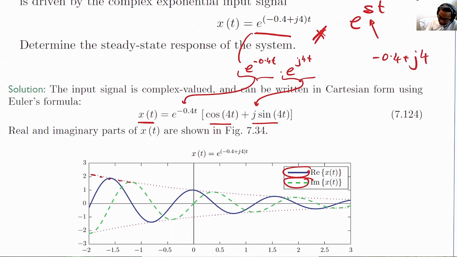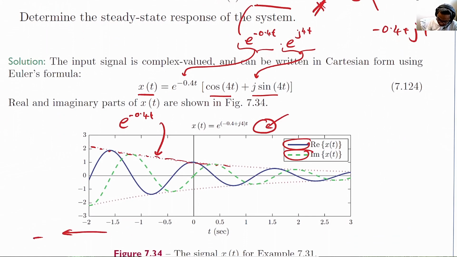The dotted line here that you see is e^(-0.4t). This expression is an everlasting complex exponential going from minus infinity to positive infinity.